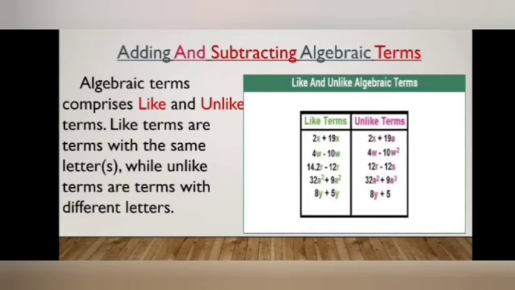Note: like terms can be added or subtracted. This is the basis of algebra. Why can unlike terms not? You can actually add terms that have the same letters, but terms that have different letters cannot be added.